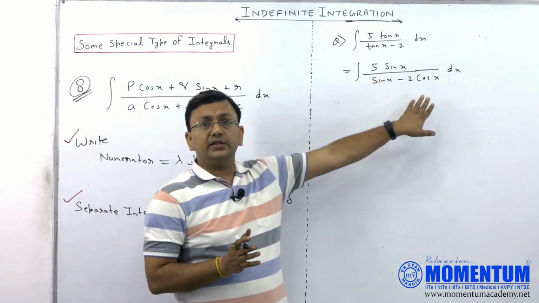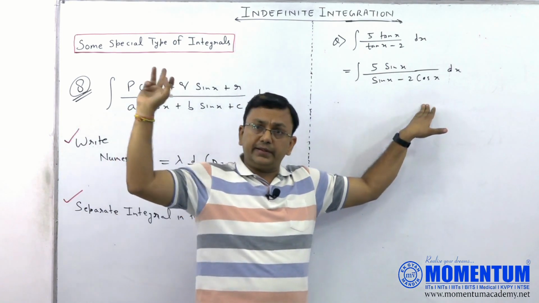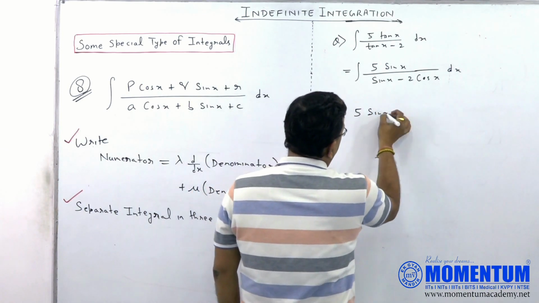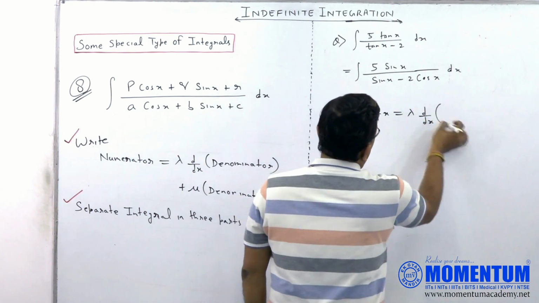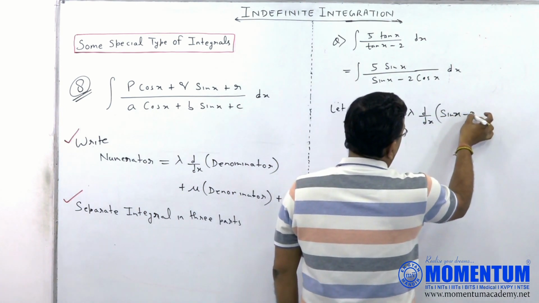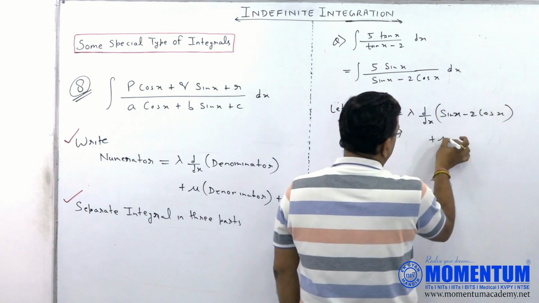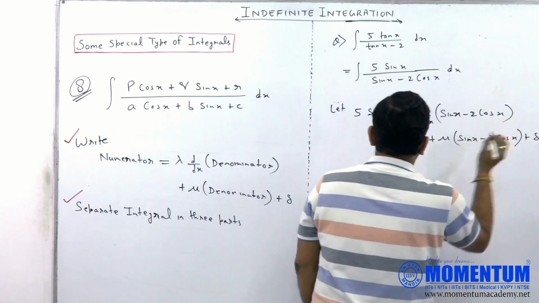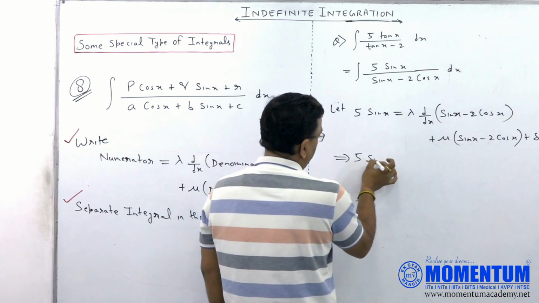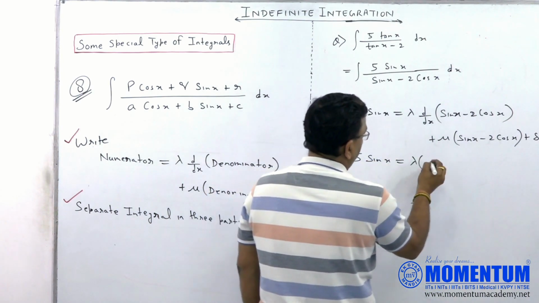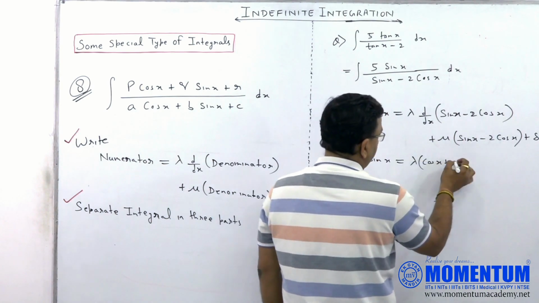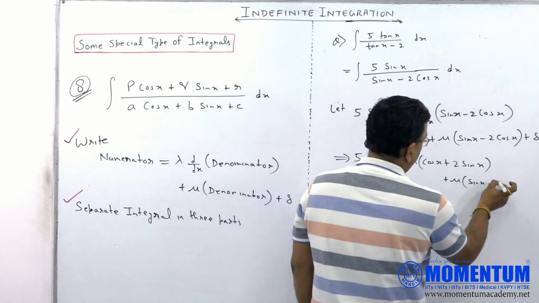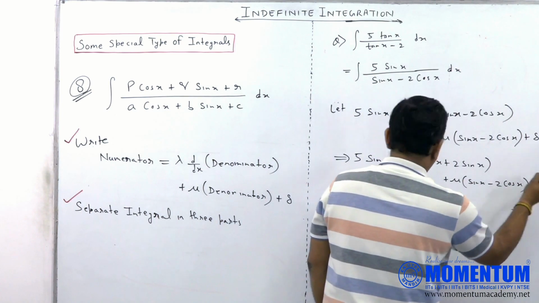So seeing this problem, we should remember special integral number 8. What will we do? Numerator is equal to lambda times differentiation of denominator plus mu times denominator plus delta. It implies that 5 times sin x is equal to lambda times cos x plus 2 sin x plus mu times sin x minus 2 cos x plus delta.